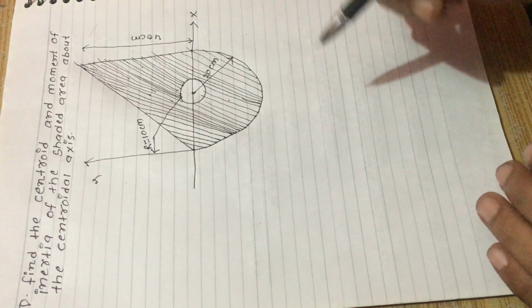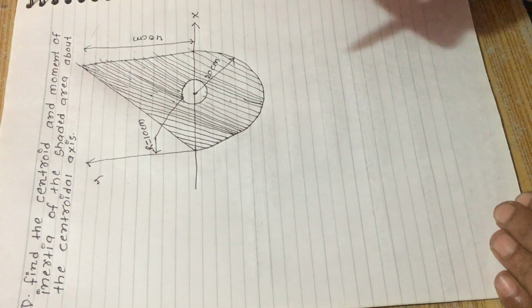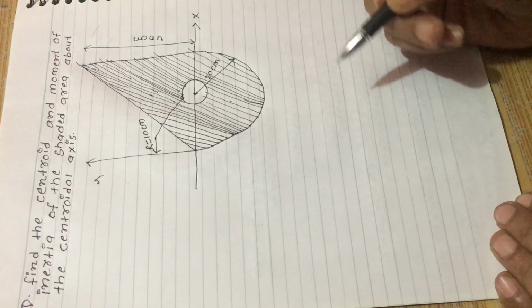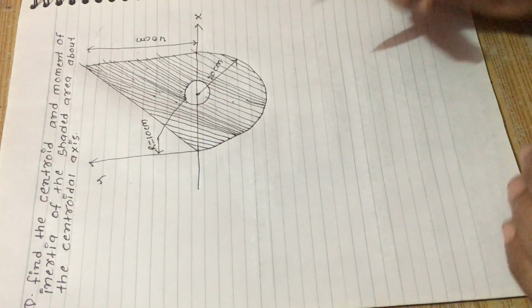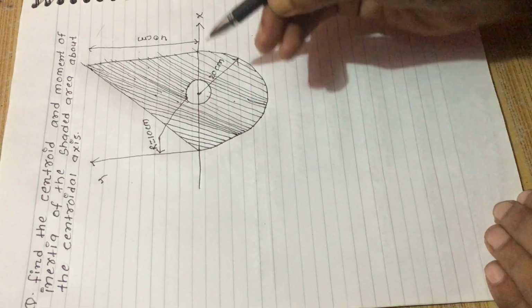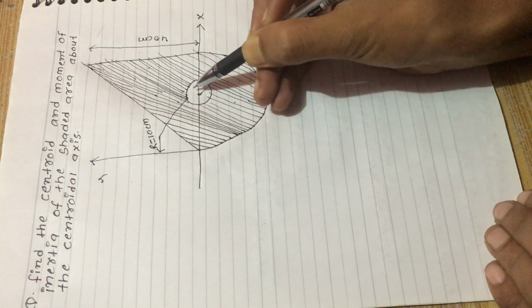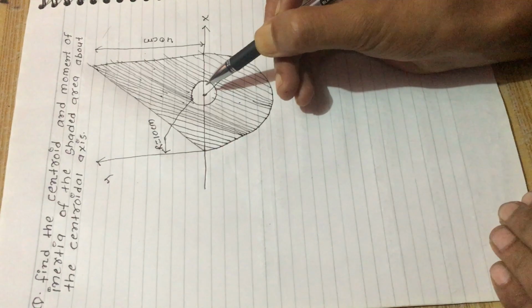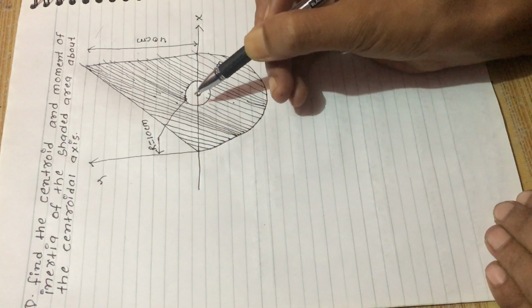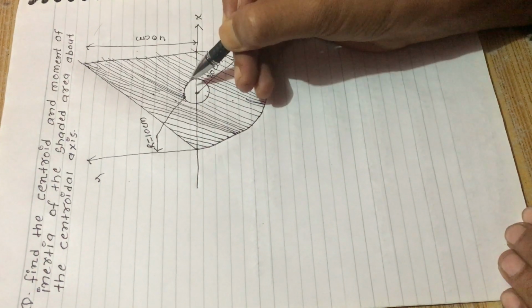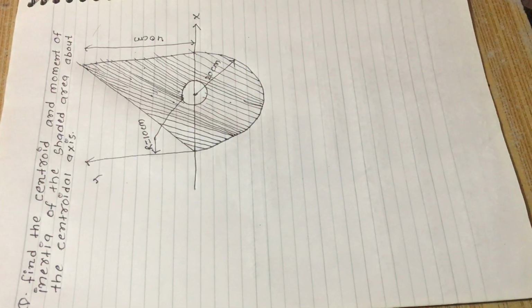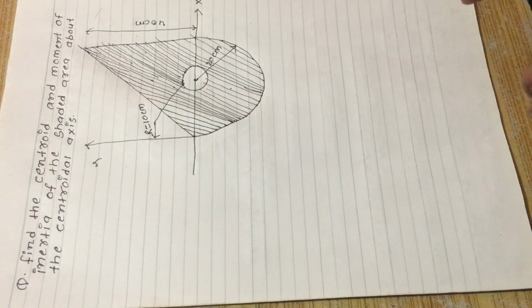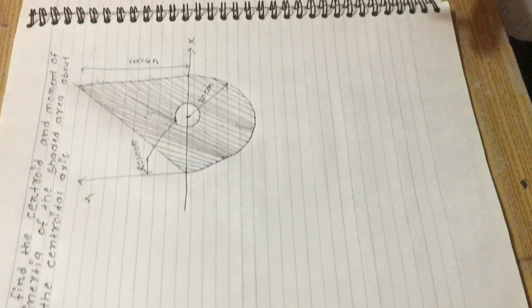So in the figure we can see there is a right angle triangle and a semicircle, along with a circle which is empty. The circle is not shaded, there is no shaded line inside the circle. So our motto is to calculate the centroid and moment of inertia of the shaded portion.